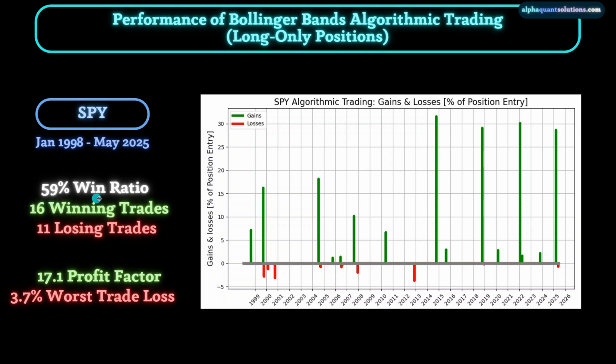So actually a higher win ratio, close to 60%. We have a similar profit factor of 17.1, where we had 18 for the Nasdaq. And the worst trade loss is now only 3.7%, so even lower than what we had with the Nasdaq. And we see 4 trades with approximately 30% gain on entry position.